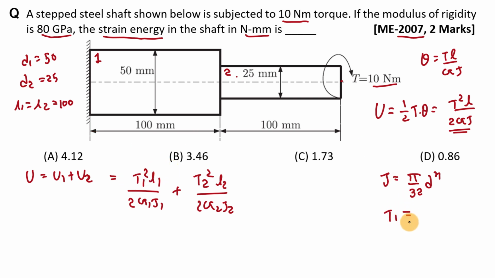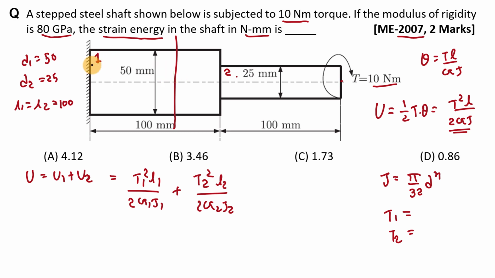Now what will be the value of T1 and T2? T1 and T2 are the twisting moments in shaft 1 and shaft 2 respectively. Now if you want to find out T1, means twisting moment or torque in shaft 1, then we will take one section like this in shaft 1 and we will take summation of all the twisting moments or torques acting on this combination of shaft on either side of this section.